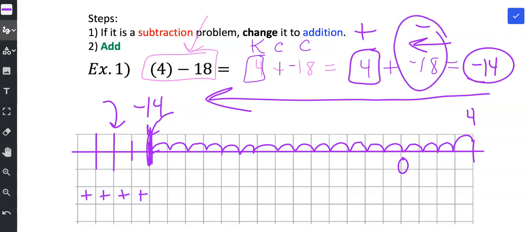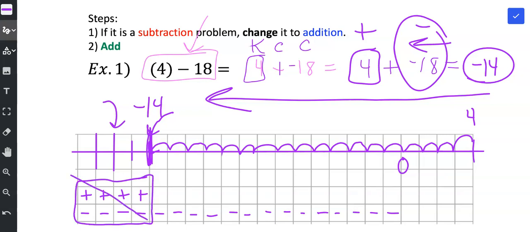That represents the 4 yellow chips. Then for my -18, I want you to picture these negative symbols as those red integer chips. So I have 4 so far, 5, 6, 7, 8, 9, 10, 11, 12, 13, 14, 15, 16, 17, 18 of those red integer chips. 4 yellow integer chips and 4 red integer chips form a 0 pair, plus 4 minus 4, or +4 and -4 give us 0.